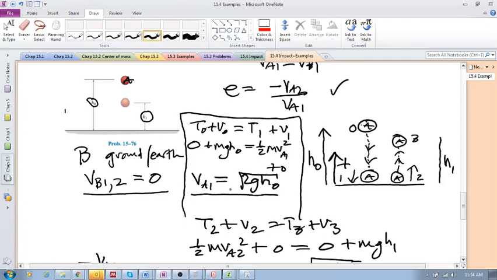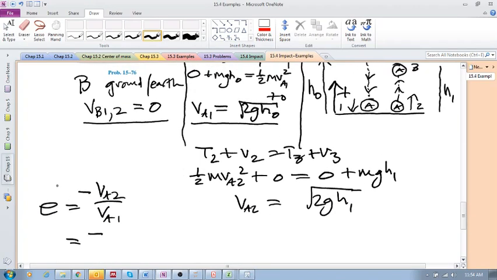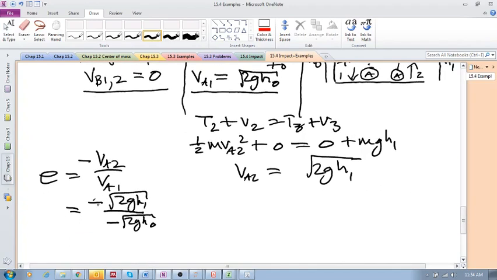In the denominator, the velocity A1 was moving down, which means it's negative. So we have a minus square root of 2gh0 in the denominator, and at the top, the square root of 2gh1. And so these minuses cancel. We end up with the square root of h1 over the square root of h0, or the square root of h1 over h0.